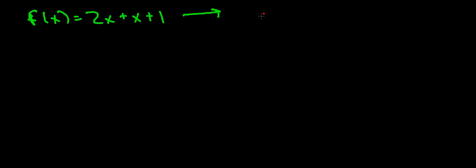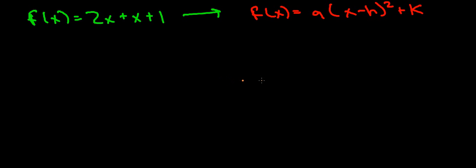Let's say we have the equation f of x is equal to 2x squared plus x plus 1. And I want to convert it to the form in which we have f of x is equal to a times (x minus h) squared plus k. And now in order to do that, there's a very simple formula to use.